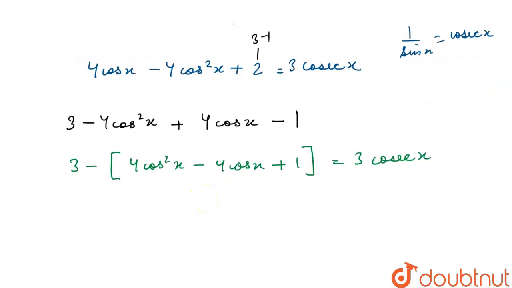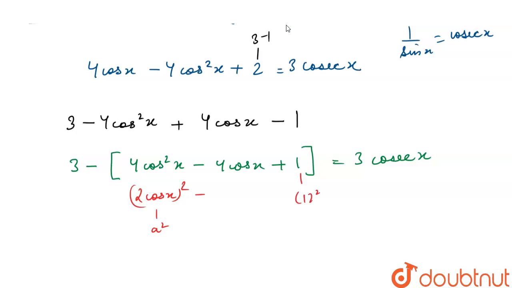And if we see here, this is in the form of a square minus 2ab plus b square. And how? So suppose this is 2 cos x whole square, a square, okay, that is equals to a square minus 2ab, and here b is what? Here b is 1 square, right?